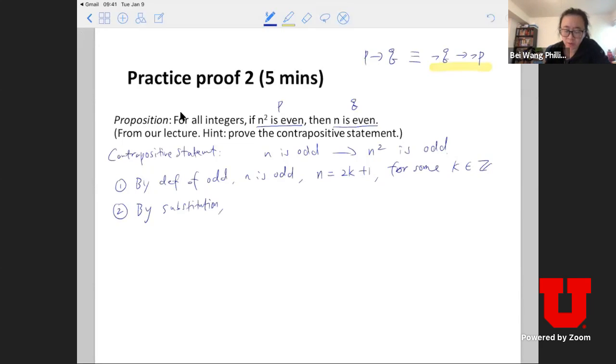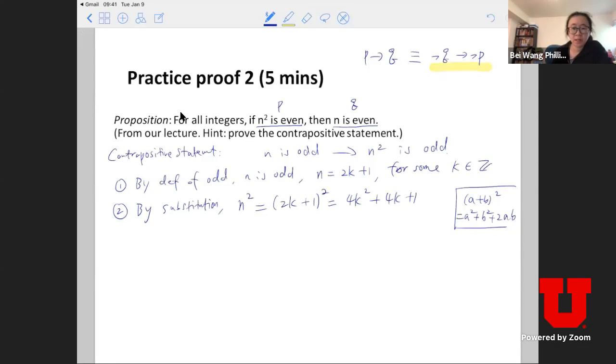We want to prove n squared is odd, so we want to express n squared in this new form. So n squared, substitute n to be 2k plus 1, that is (2k plus 1) squared, and that is equal to 4k squared plus 4k plus 1. And this is me using the rule of (a plus b) squared is equal to a squared plus b squared plus 2ab.